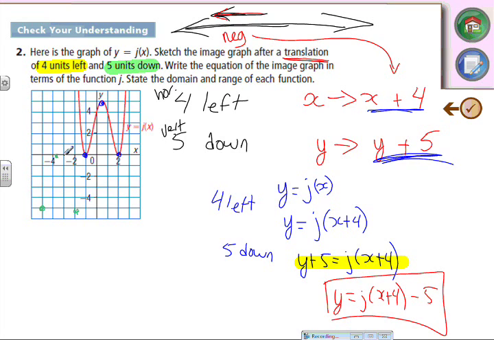For instance, you could take the y-intercept, move it 4 to the left, and 5 down. So then we'd have that point to go through as well. And the same exact shape that we had.